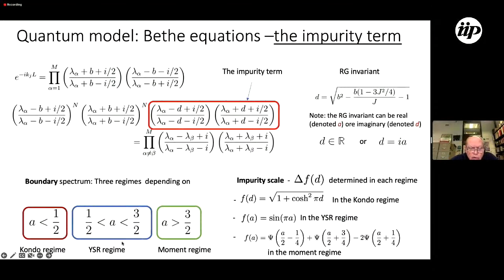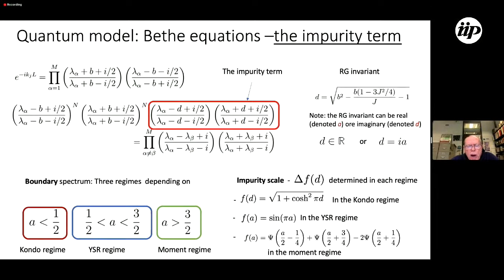Each regime generates its own scale. We have an invariant scale, delta times a function of D, and it will take different behaviors in different regimes. Here I will show that it generates a Kondo scale, here there will be a bound state scale, and here there will be, again, a moment scale.